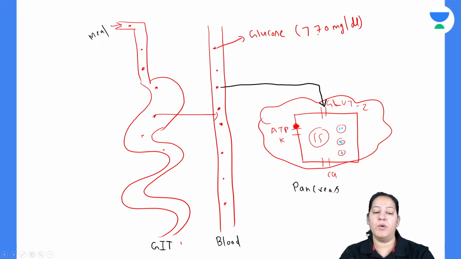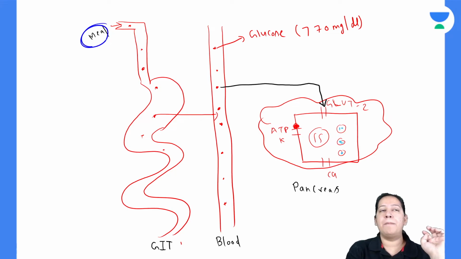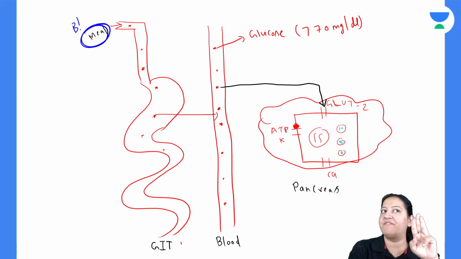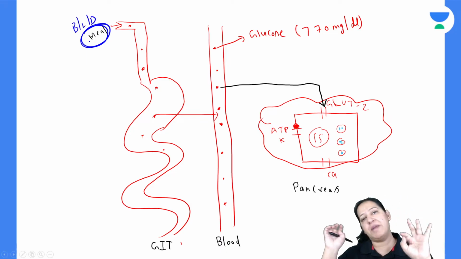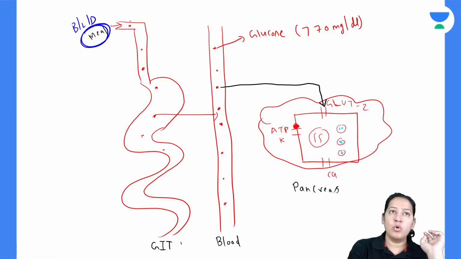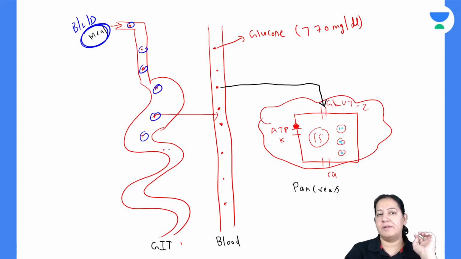Can you see, this is a meal. Just suppose I'm taking a meal, one of the 3 big meals: breakfast, lunch, or dinner. The glucose in the meal goes inside my GIT, through the esophagus, stomach, and intestine, and glucose is absorbed. After absorption, the glucose will reach the blood vessel.